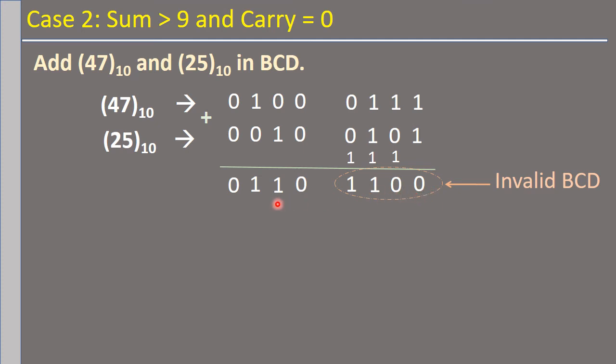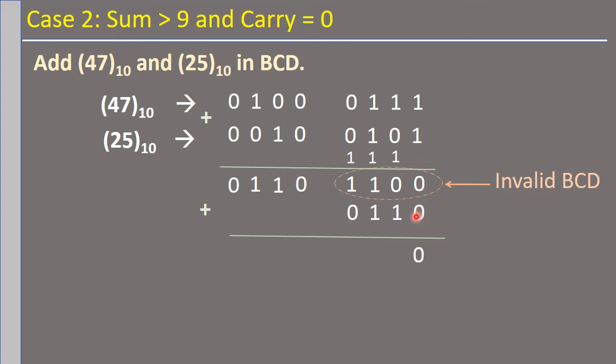If you look at the second set of result, 0110, it is a valid BCD. So no correction is required, but as far as this invalid BCD is concerned, we need to convert it into a valid BCD by adding 6, that is by adding 0110 to it. So let's do the addition.